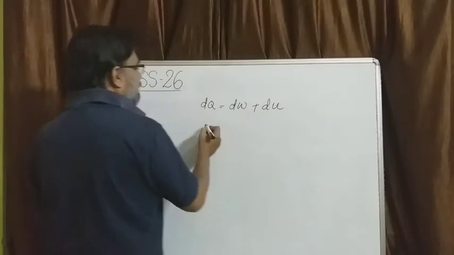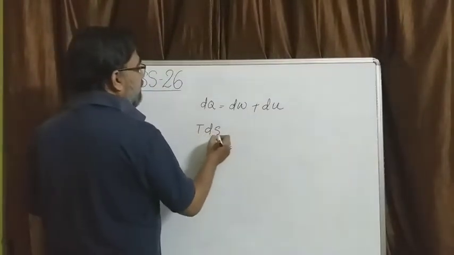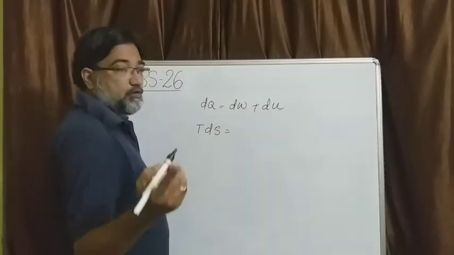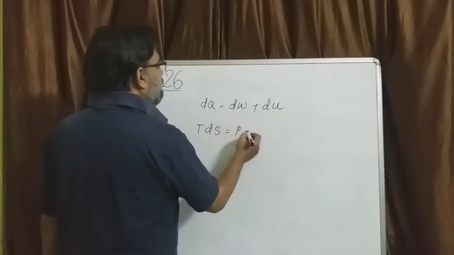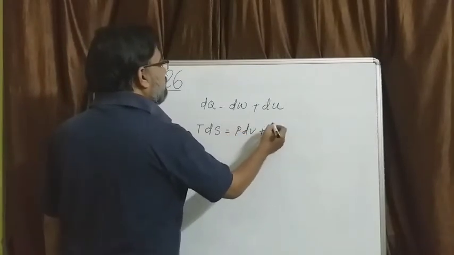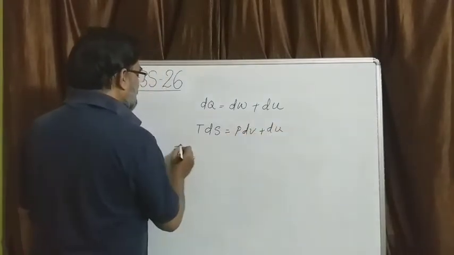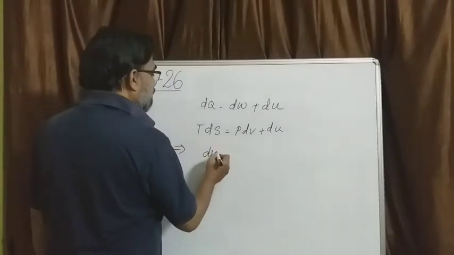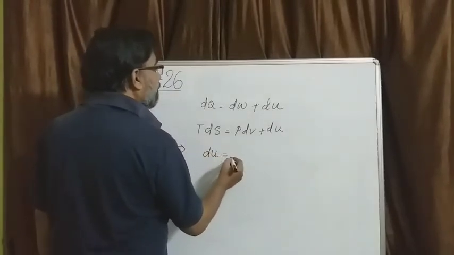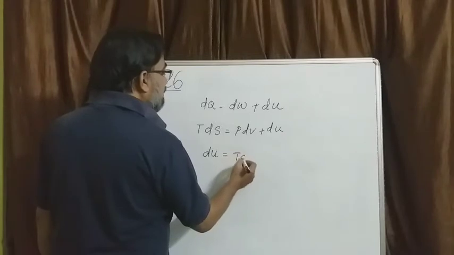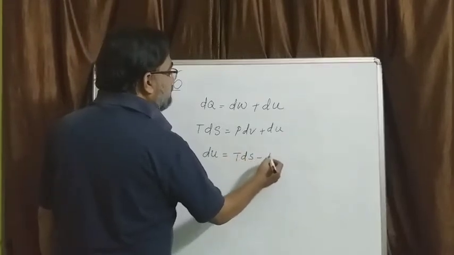Now in differential terms, I can write TdS, because by now you know dq is equal to TdS. This is PdV plus du. Or I can write du is equal to TdS minus PdV.